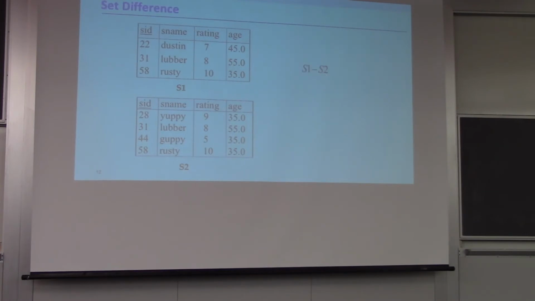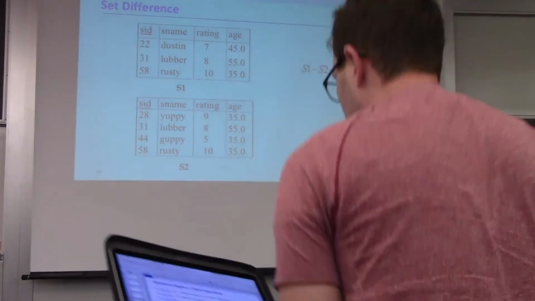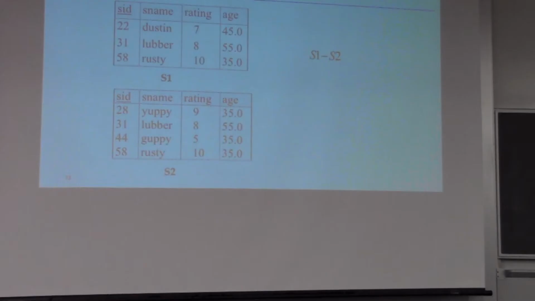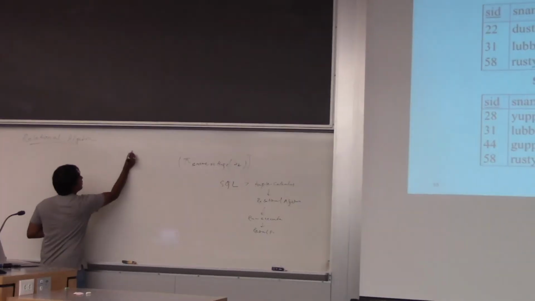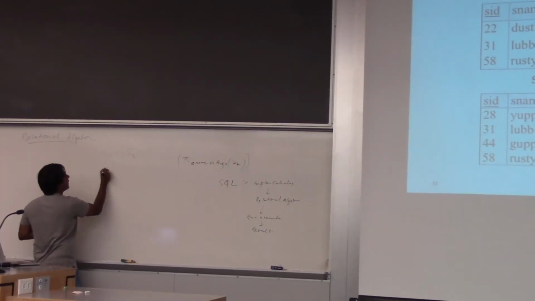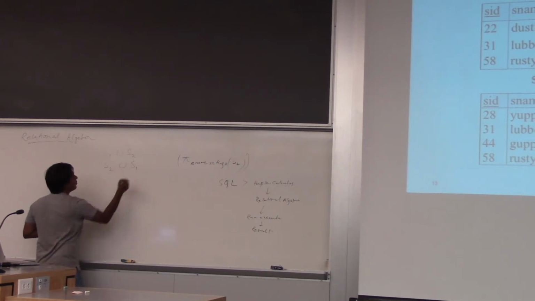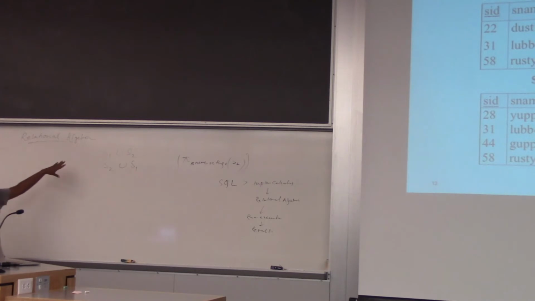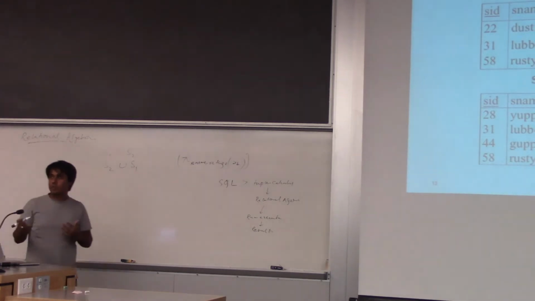Now let's talk about the set difference. What we have seen is that all the operators that we have seen till now are commutative and associative. So S1 union S2 or S2 union S1, both of them are the same. The order doesn't change anything in the outcome.